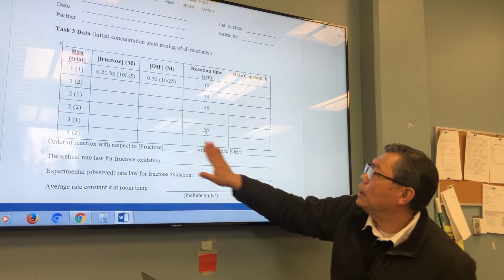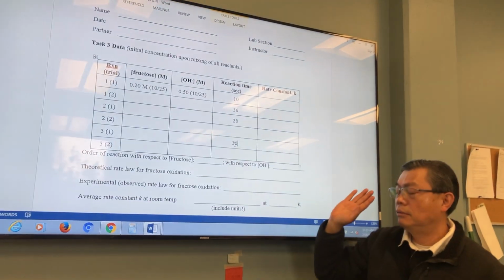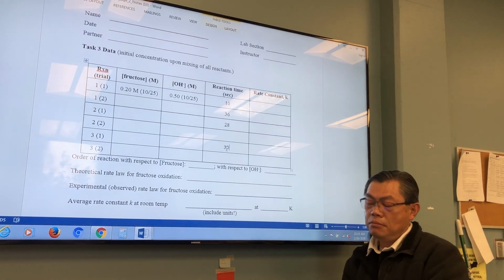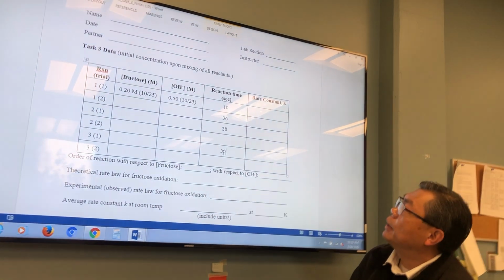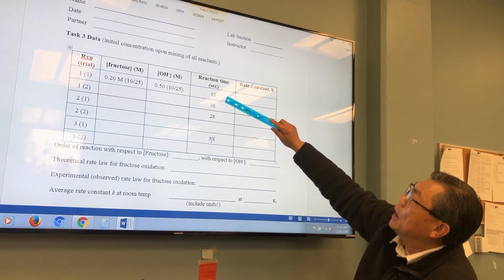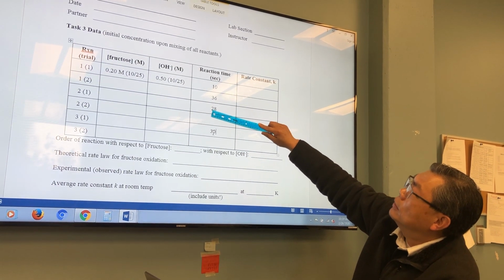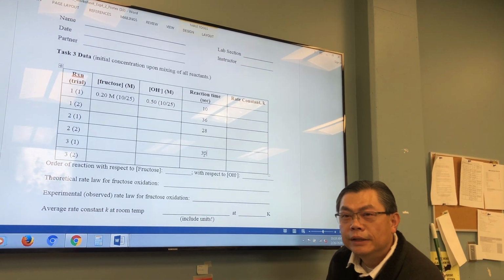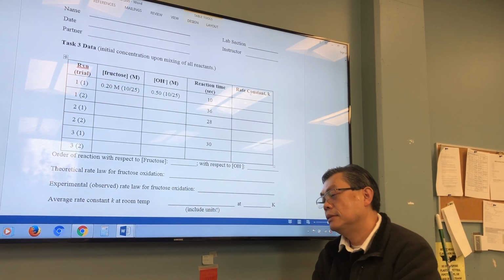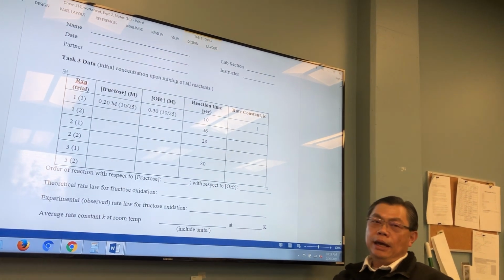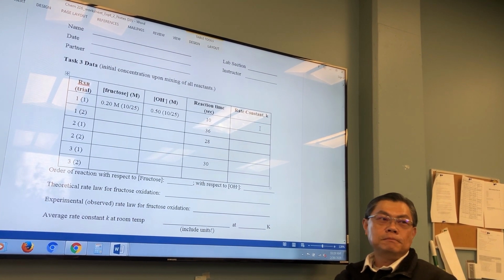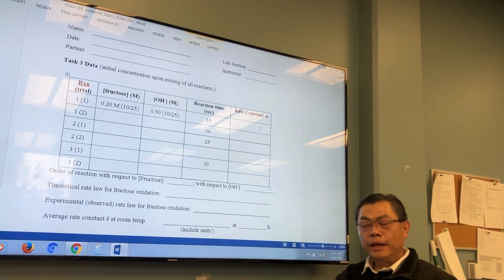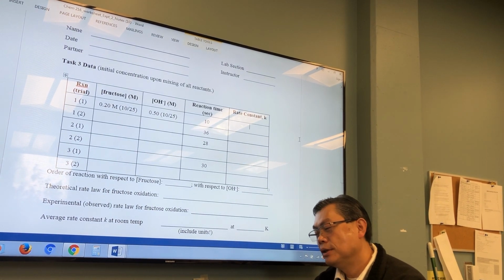So you can calculate the reaction order very similar to experiment 1. We will compare between reactions 1 and 2, and then 1 and 3. Okay? Now, then you want to calculate the K. The K will be a little challenging this time.